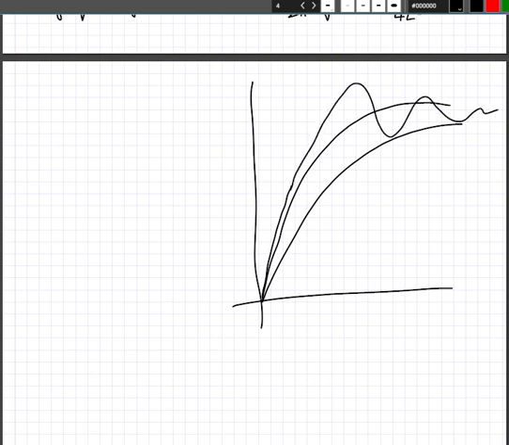Of course, they all, just let me erase this. So it is a slow rise, but it will converge to that. So they all converge to the same value. So this is case 1, this is case 2, and this is case 3.